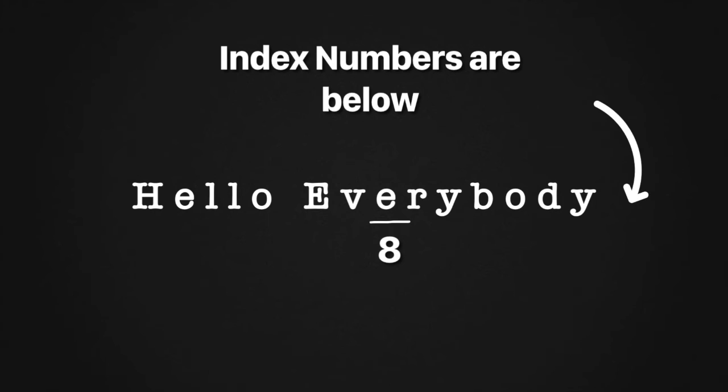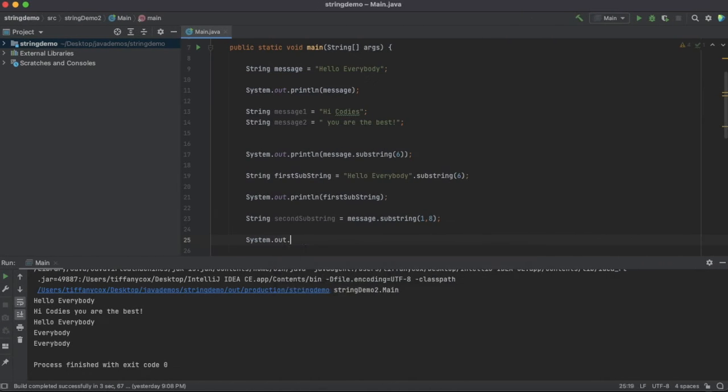With 8 being the second argument, the compiler will stop extracting at index 8 and not after 8. And if this works as expected, we should get ello ev.